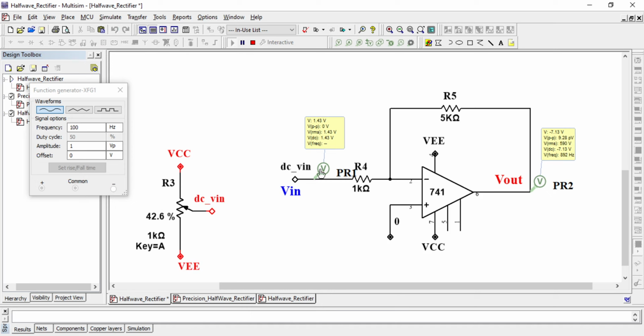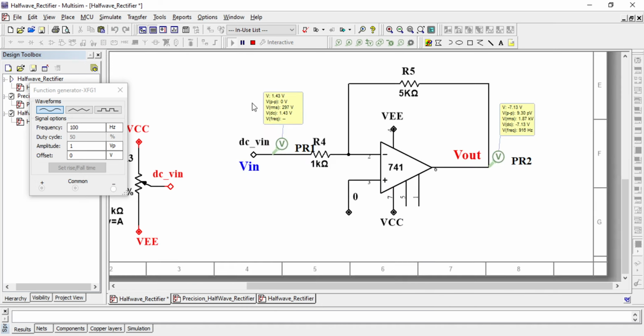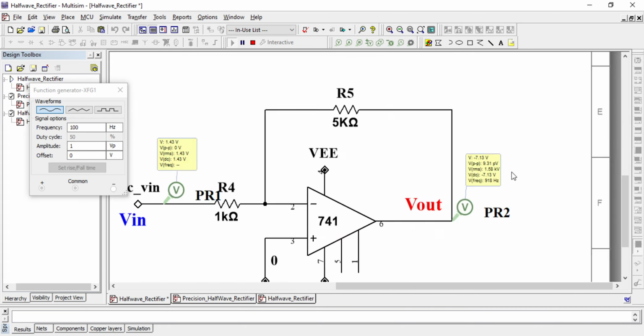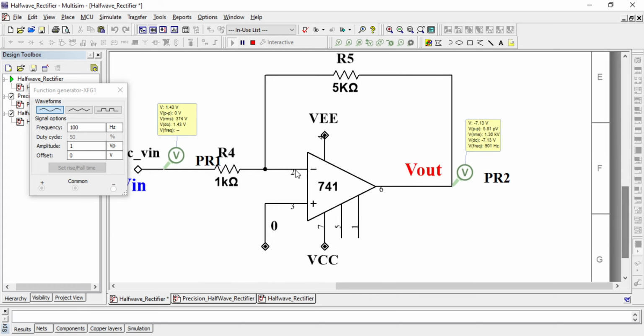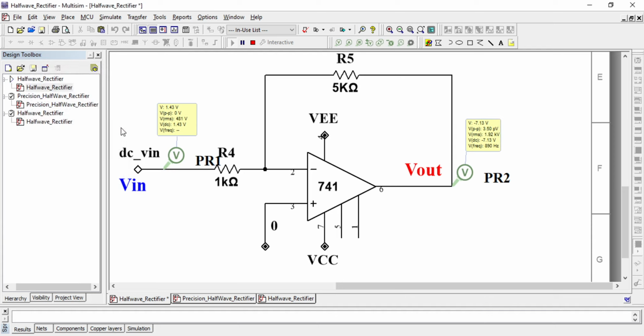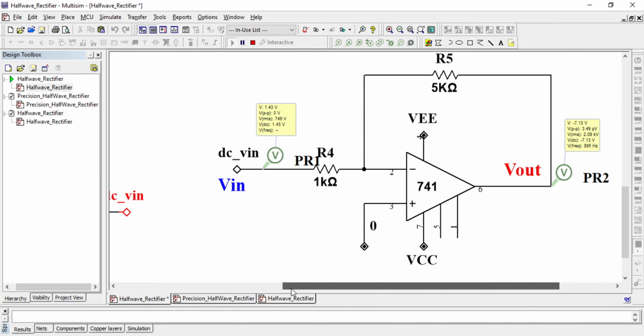You can see in the input voltage we have 1.43 volt, and at the output we are getting minus 7.13 volt. Even though we are applying a gain of 10, we should have obtained at least 5 times gain of 1 volt. So let me just try to change the voltage.